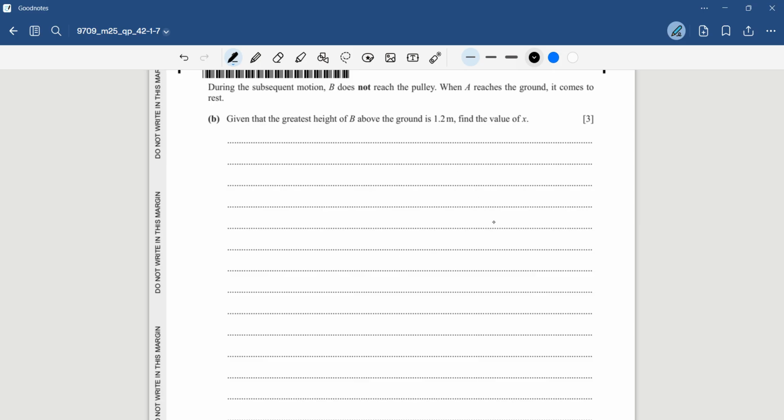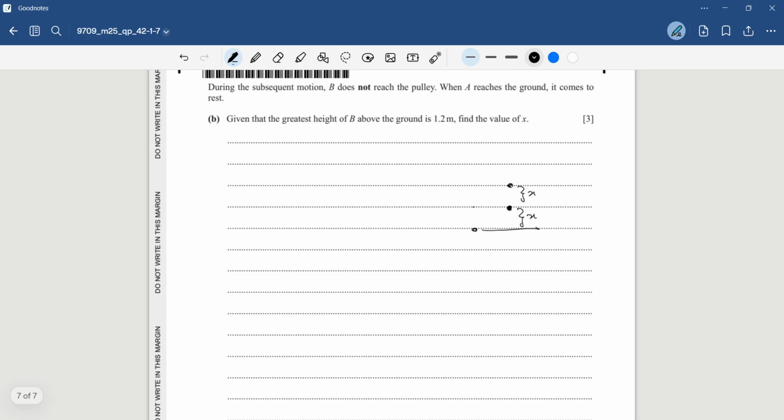Let's assume this is the initial position of B. This is the height distance from A, x. When A reaches the ground, B will have risen a certain height, which is also x. But you must take note that once A reaches the ground, B will continue to move upward because at this point B still has a speed.